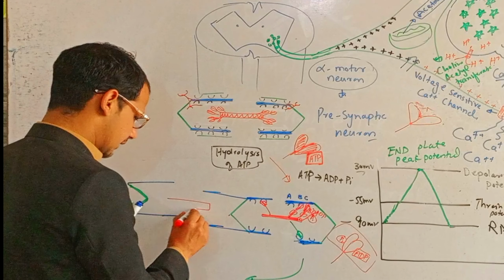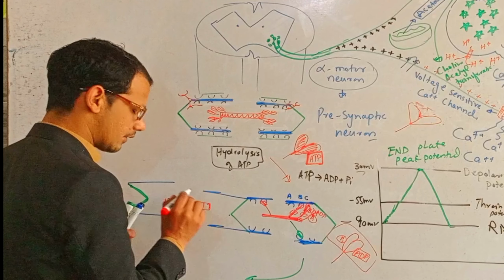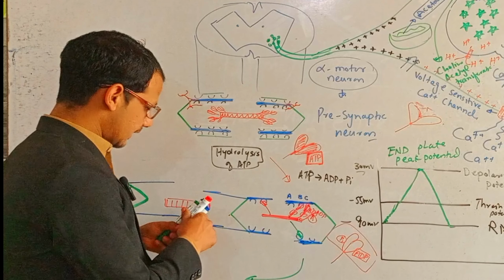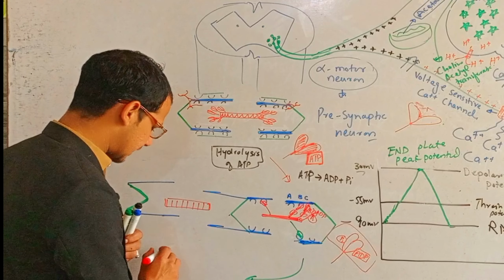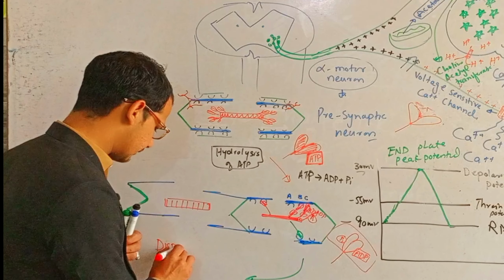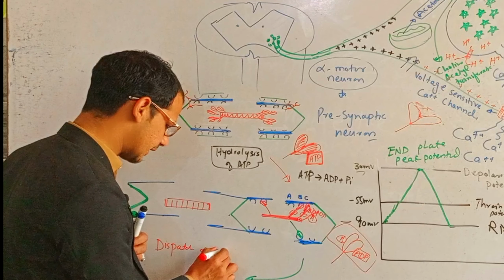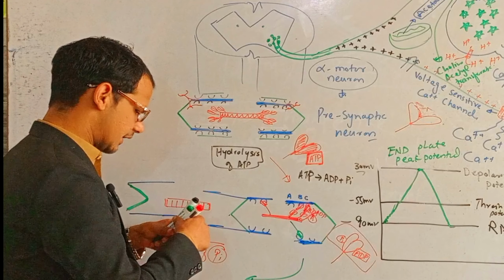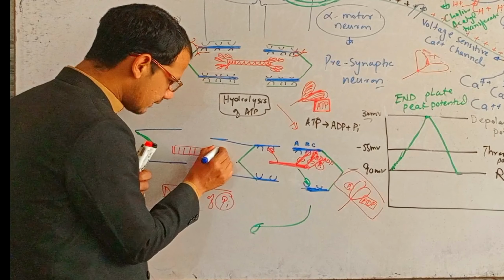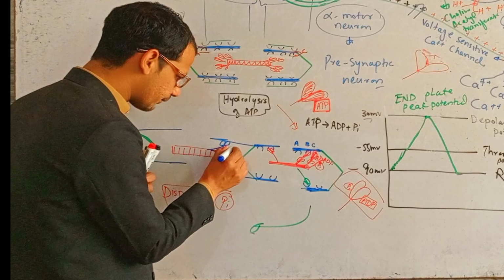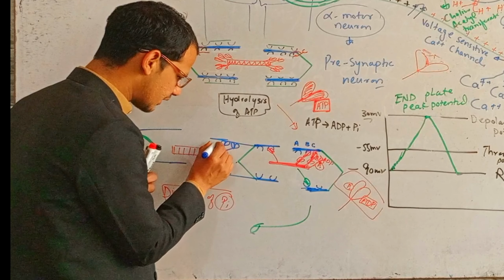And this is the myosin. Now this step is called the dispatch of inorganic phosphate, and when it is dispatched, the heads will become like this.